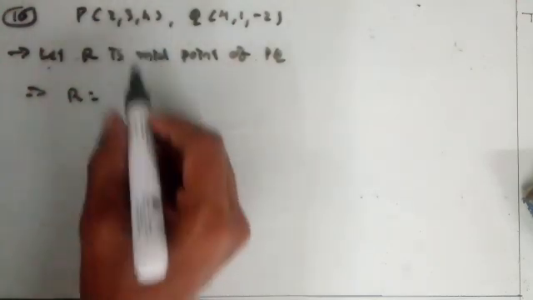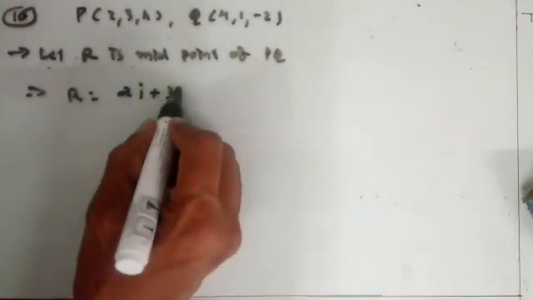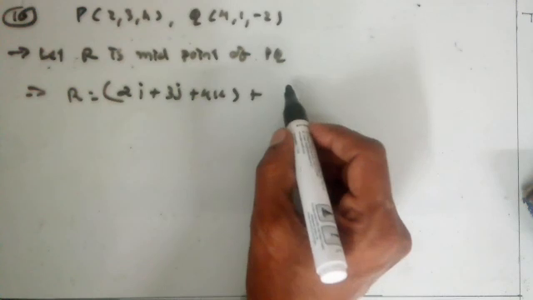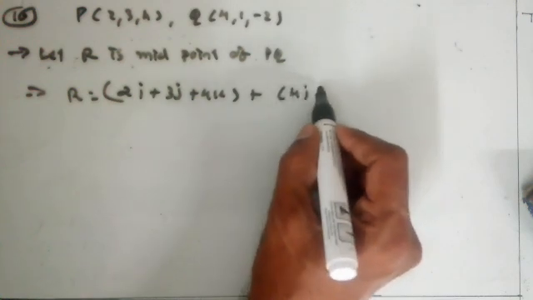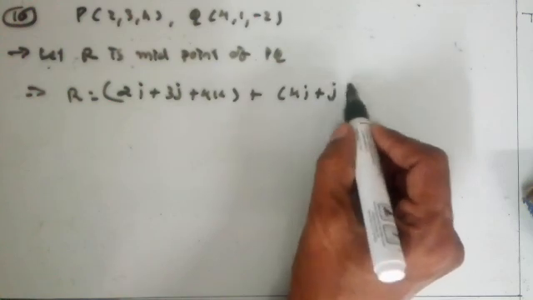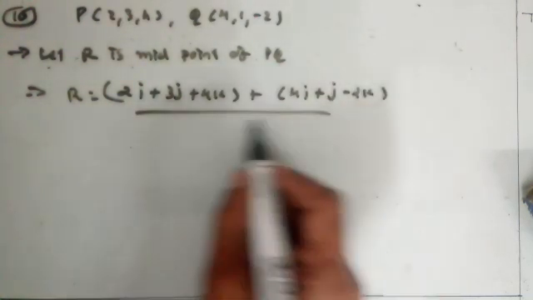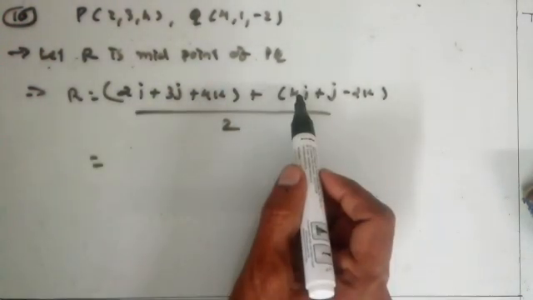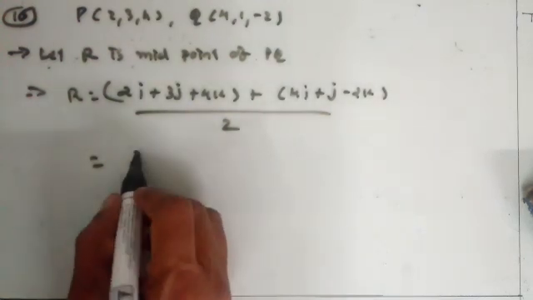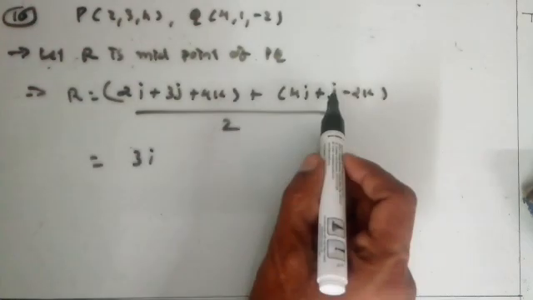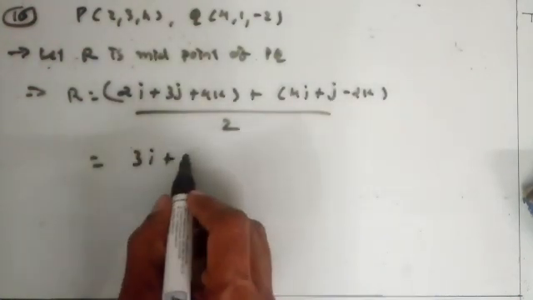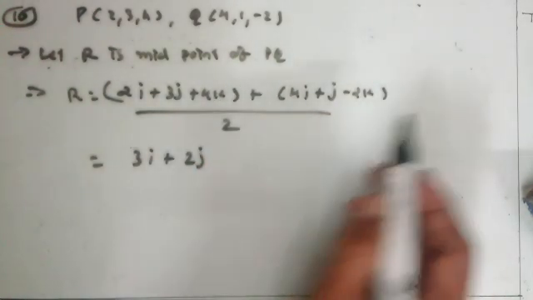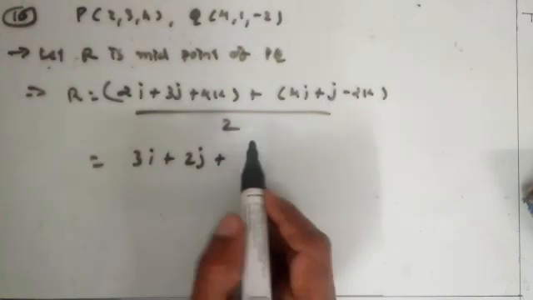Here the position vector of P is equal to 2i plus 3j plus 4k, plus the position vector of Q, which is 4i plus j minus 2k, upon 2. 2i plus 4i is 6i, upon 2 becomes 3i. 3j plus j is 4j, upon 2 becomes 2j. 4k minus 2k becomes 2k, upon 2 becomes k.